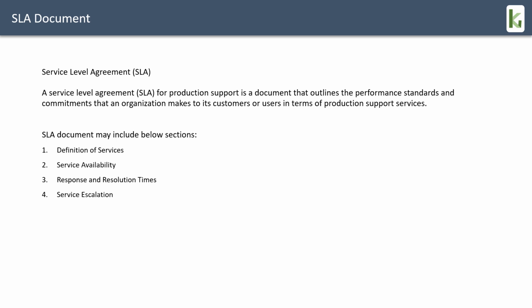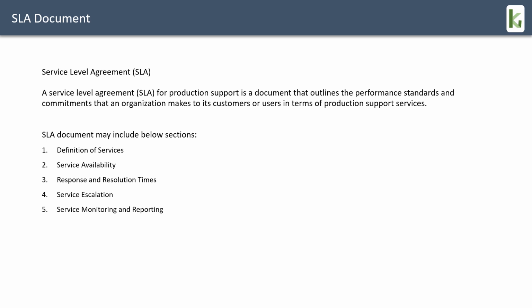So escalation matrix is very important here, and it must be clearly defined what the escalation matrix will be in case of service escalation. Who will be the level 1 escalation contact point and who will be the level 2 escalation contact point. Right, so service escalation is a very important section here.